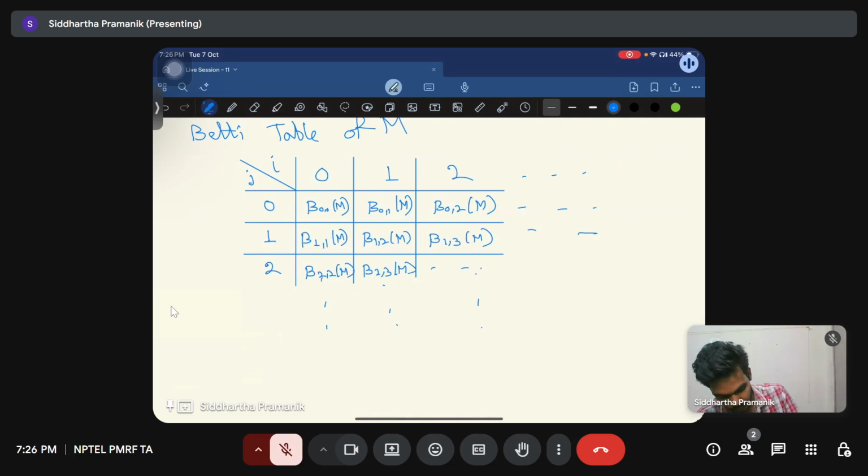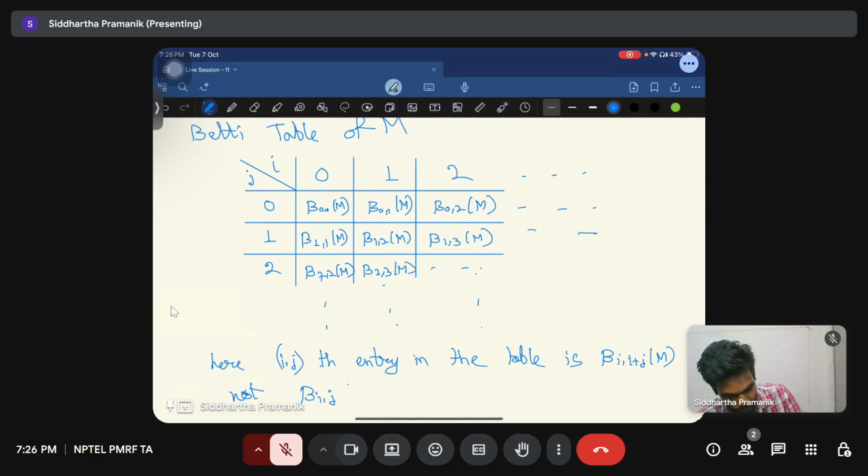So here the i comma jth entry in the table is beta of i comma i plus j of M, not beta ij of M. Okay, so that is one thing one needs to take care of.